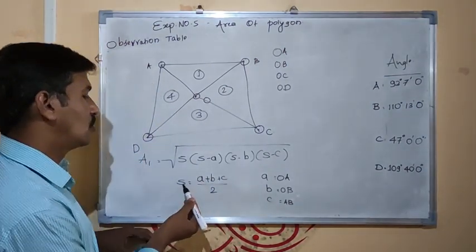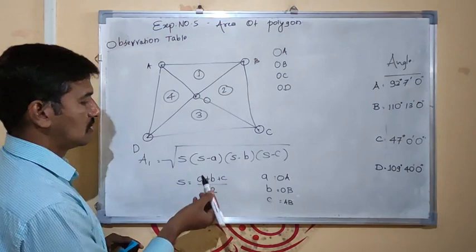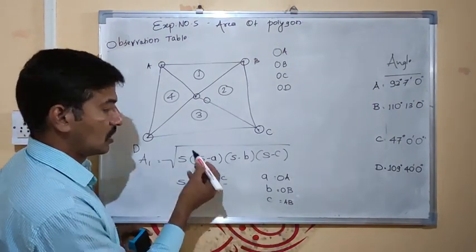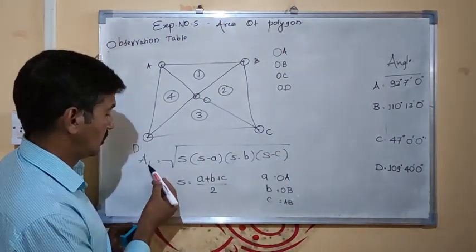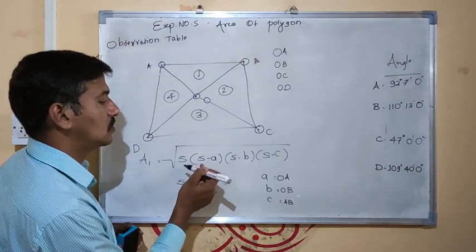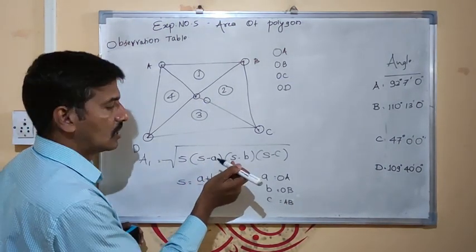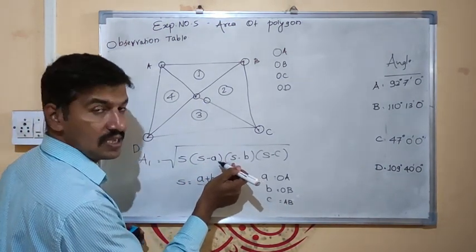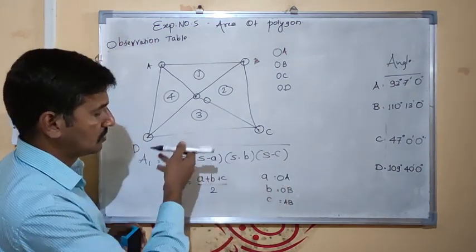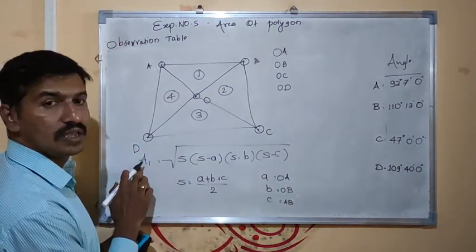Once you got S and ABC, substitute these values into this equation: A1 will be equal to S into (S minus A) multiplied by (S minus B) multiplied by (S minus C), all under square root. Then you will get the area A1.